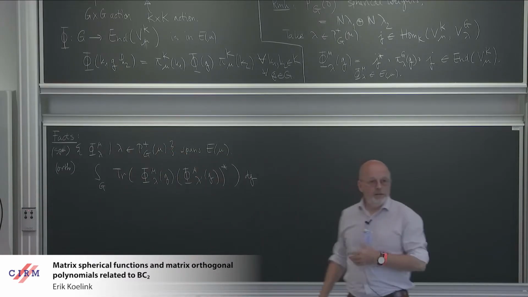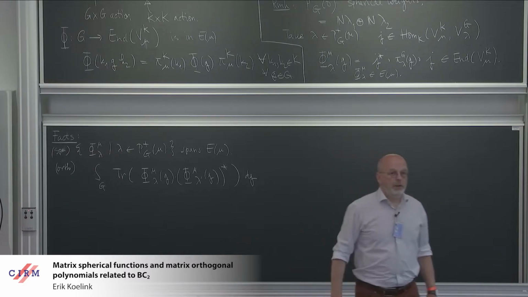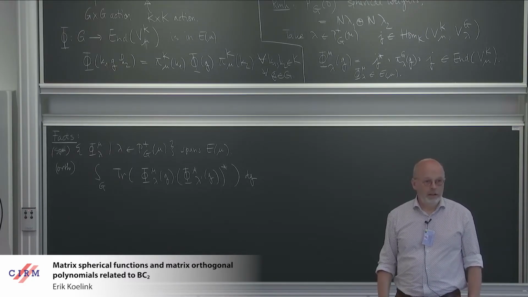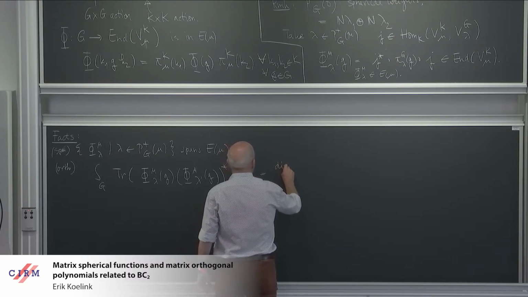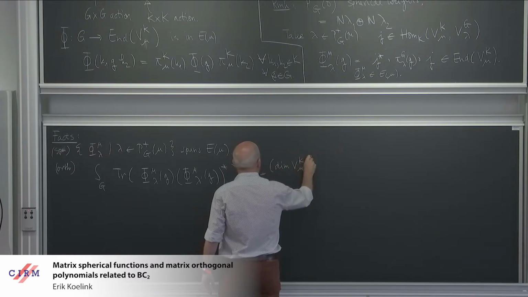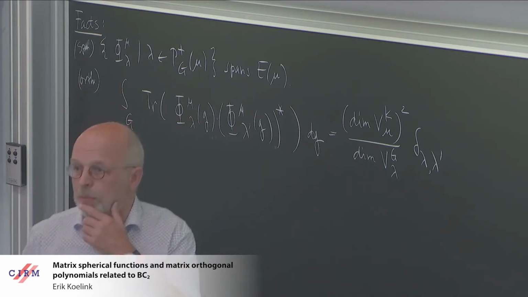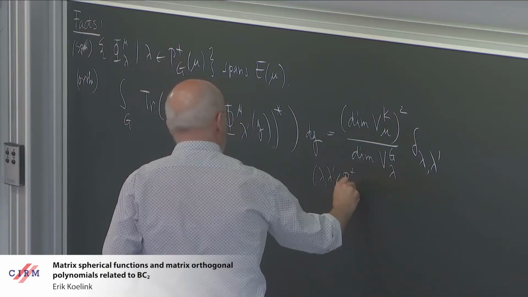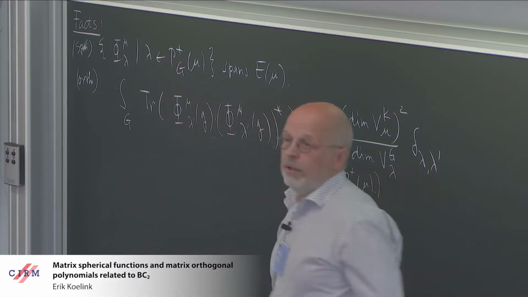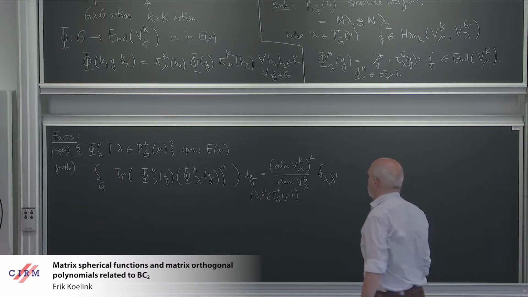We assume the unitarity, so there's a natural adjoint. I take the adjoint of this operator and compose it with this one. I'll take its trace, and I integrate over g with respect to the Haar measure. Then this is the dimension of Vk mu squared over the dimension of Vg lambda times the delta of lambda and lambda prime. And of course here I take lambda and lambda prime in this set, because otherwise this function is not there. So this is just the Schur type orthogonality.